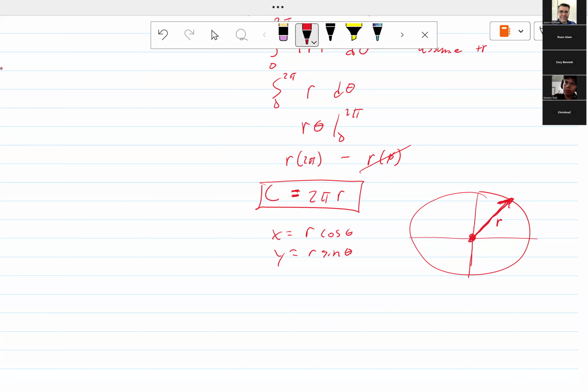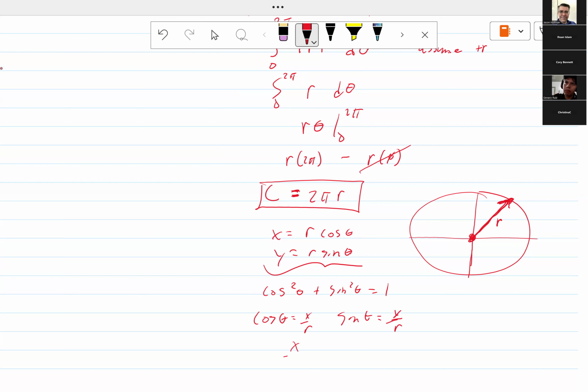How do I know that this is a circle centered at the origin? Well, I could eliminate the parameter, knowing that cosine squared of theta plus sine squared of theta is equal to 1. That's a Pythagorean identity. So I could solve the top one and let cosine of theta equal x over r, and sine of theta equal y over r.